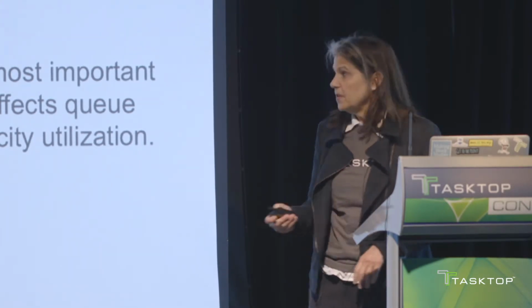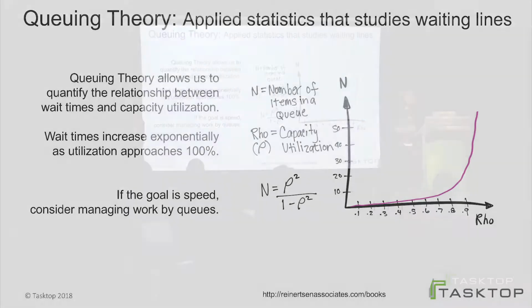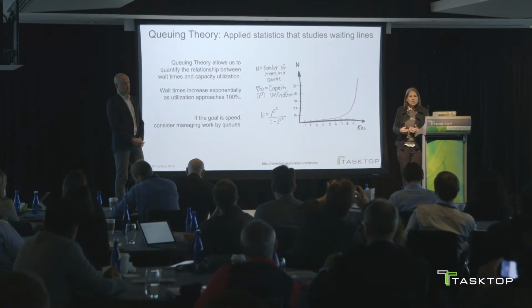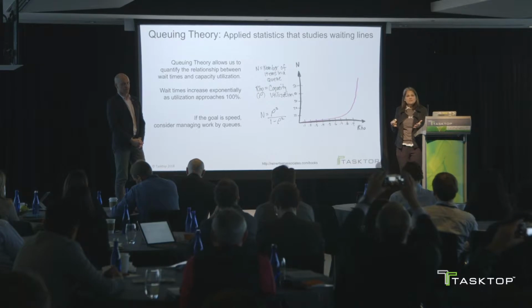Here's some math for folks. This is queuing theory. We're looking at wait times here. The benefit of looking at this is that you can see that an increase in queue size is directly related to capacity utilization. And anytime you get over 80% or so utilized, you're going to introduce a lot of wait time into the system.